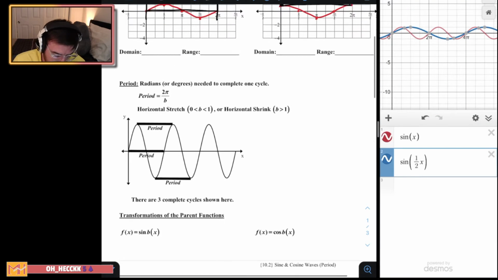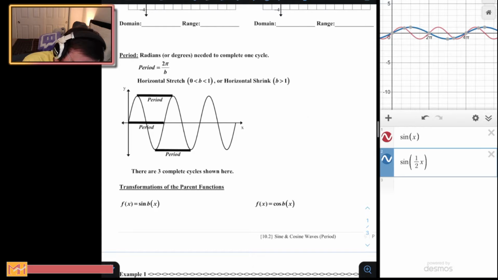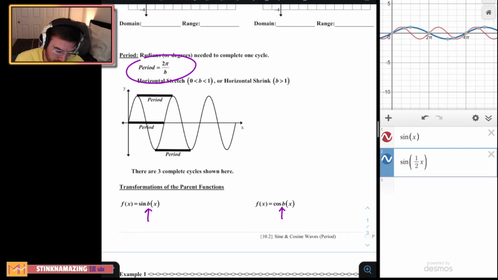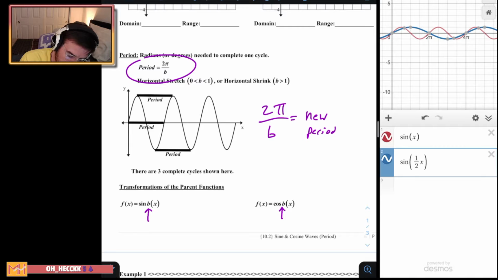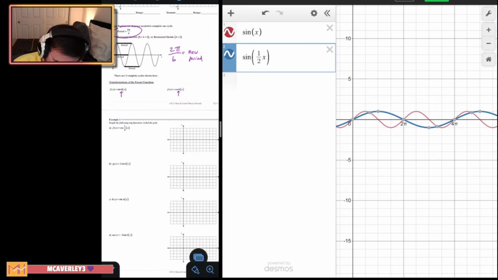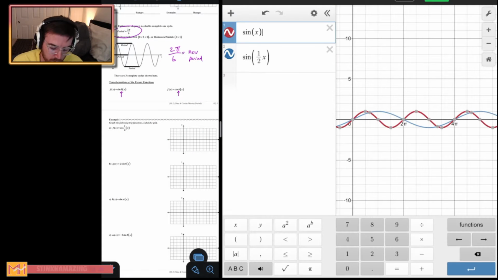So over here, we can solve for the length of the period by doing this. This b value is going to be in front of our x, okay? You take 2 pi and you divide it by b, and that is your new period, okay? We know that the period for sine of x is 2 pi for the red function.